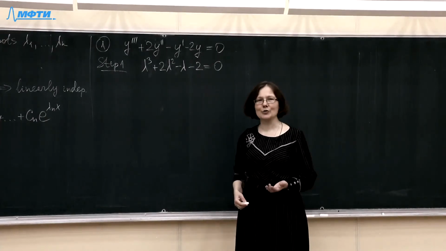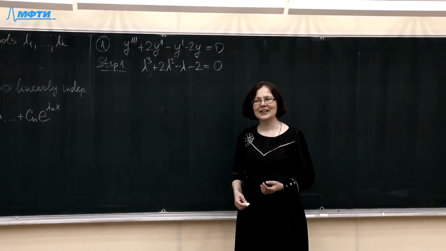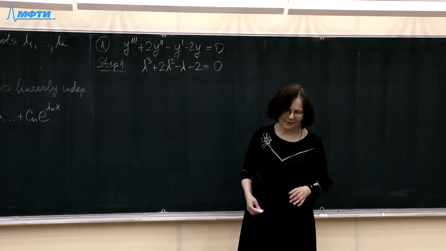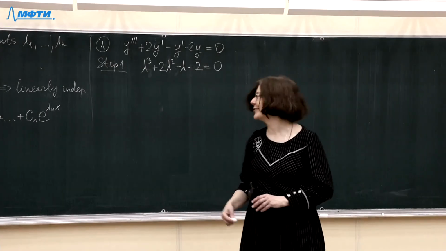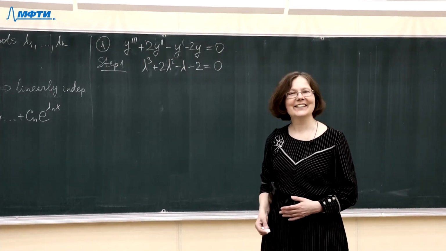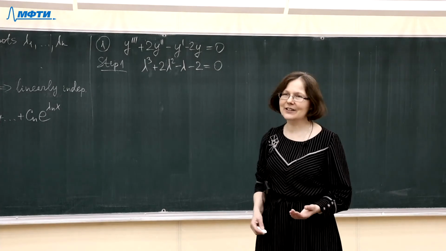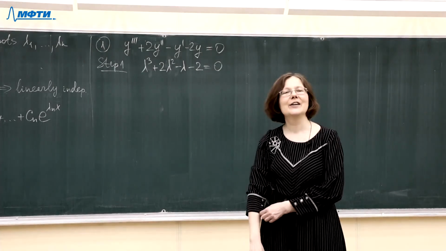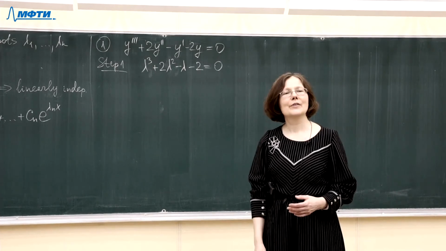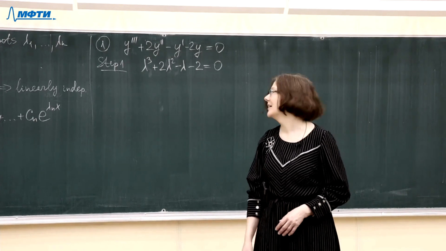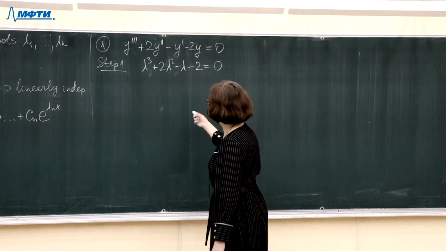Do you know how to solve it? There is a formula, but it is too complicated for the roots of the cubic equation. So we should guess one of the roots, and from that we can obtain a quadratic equation.